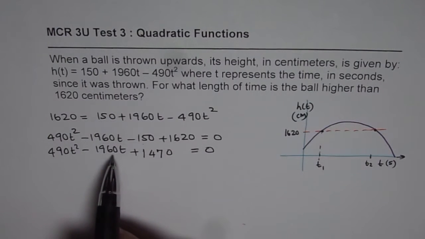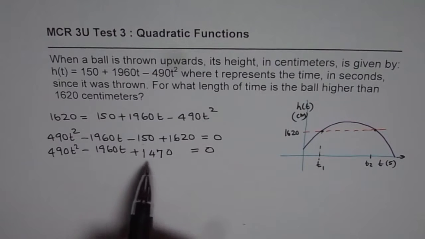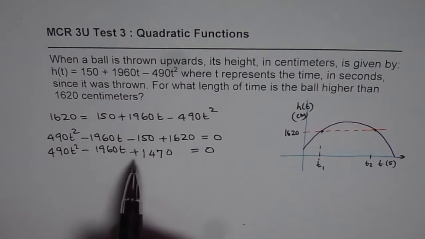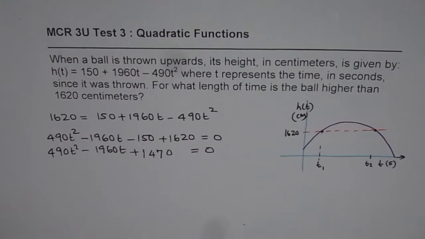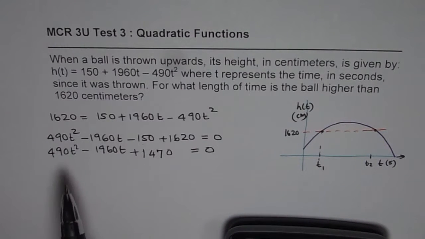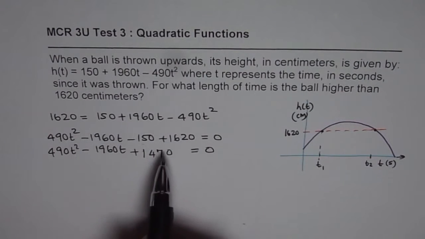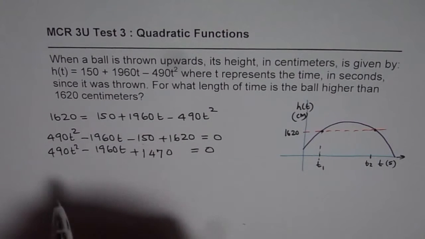We can simplify this expression a bit, or we can use the quadratic formula directly and figure out the answer. It is actually better to work with smaller values, but in any case, we can at least divide by 10. Let's forget about it.